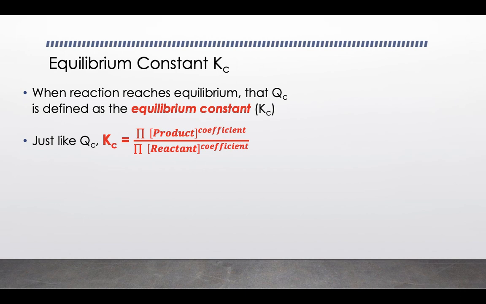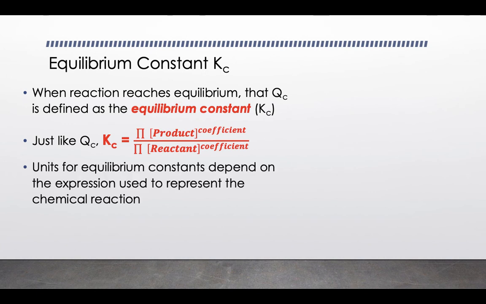In the future, we'll be working more closely with the equilibrium constant rather than trying to capture a reaction before it reaches equilibrium. The units of equilibrium constants depend on the expression used to represent the chemical reaction, so it's dependent on the chemical reaction itself.